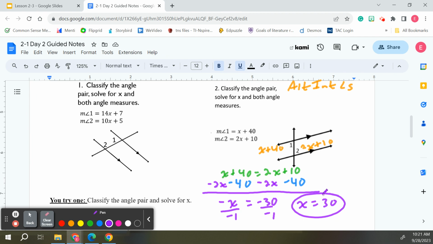The first one is 30 plus 40, which gives me 70. And this gives me 2 times 30 plus 10, which gives me 70. So the measure of angle 1 equals 70 degrees and the measure of angle 2 equals 70 degrees.